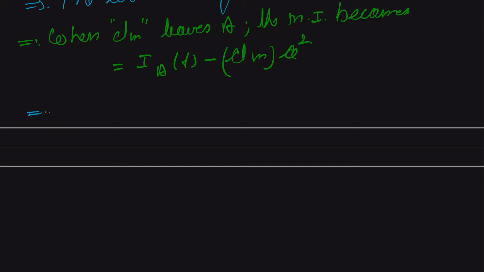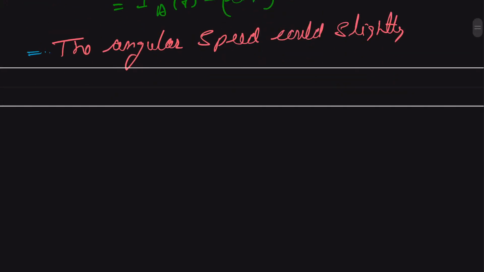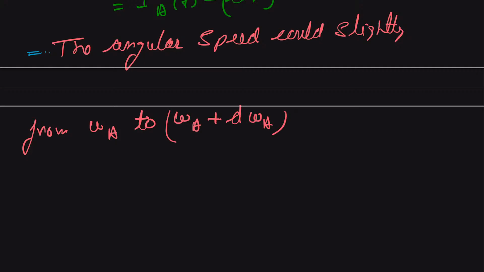So we can say that the angular speed could change slightly, from omega A to omega A plus d omega A. Okay.